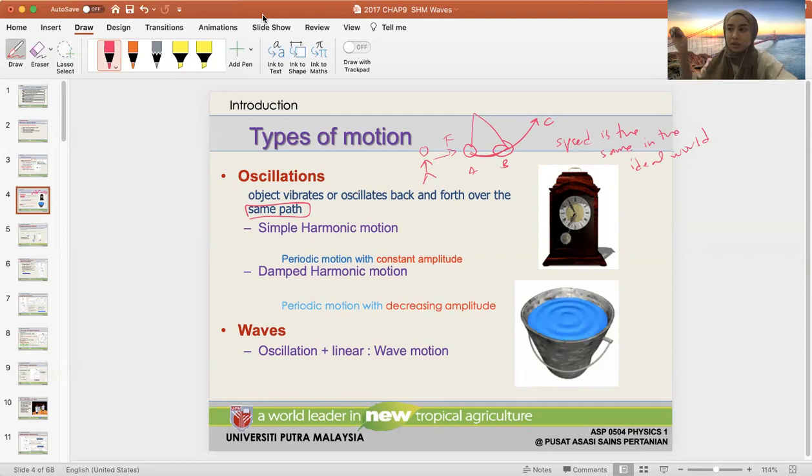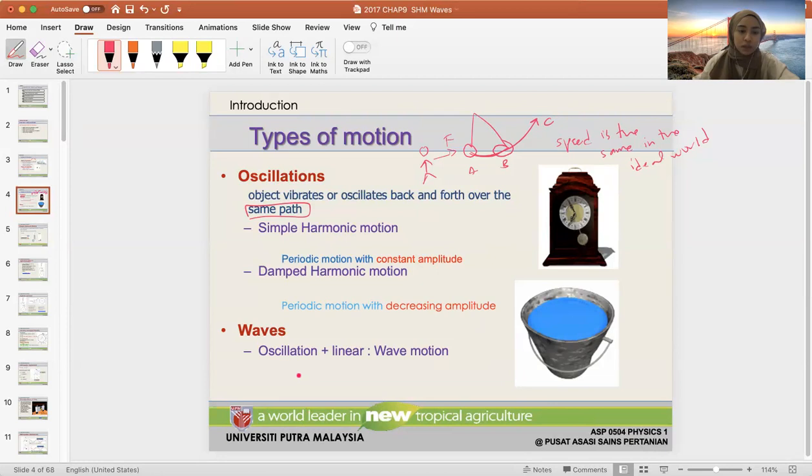Okay, if you just apply a force and you expect it to swing back and forth until the end of time, it's not going to happen. Okay, because it loses energy in the form of heat or vibration or whatever. Because our world is not ideal. However, for simple harmonic motion, we assume that we are in an ideal situation, the path is the same, and it does not decrease in amplitude. Okay, so it is constant like that.